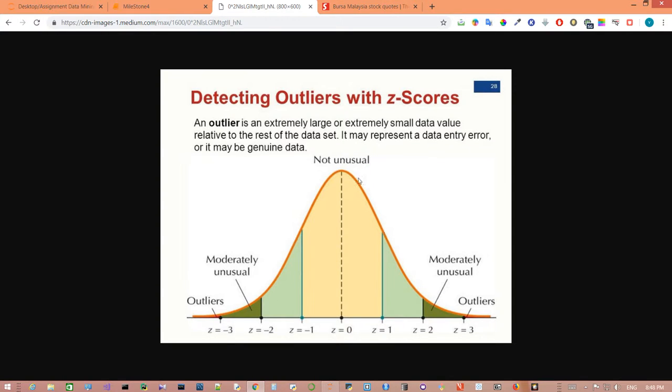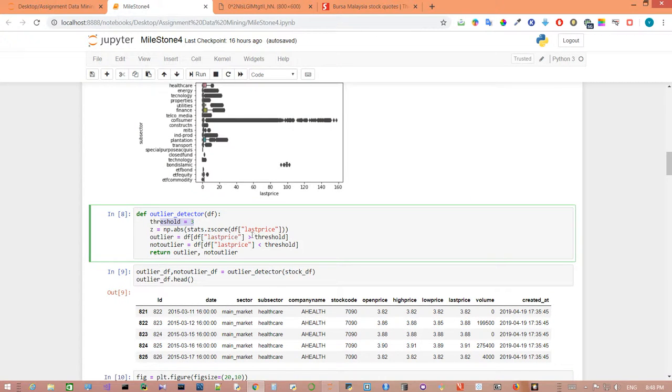If this is a normal distribution, and according to this picture, for data where the normalized value Z is greater than 3, all of those data would be outliers. Okay, and less than Z equal 3, it would be not outlier data. So that's the ideology that I have implemented.